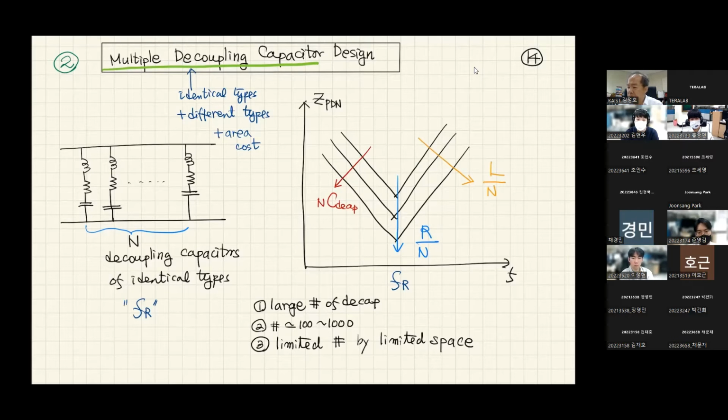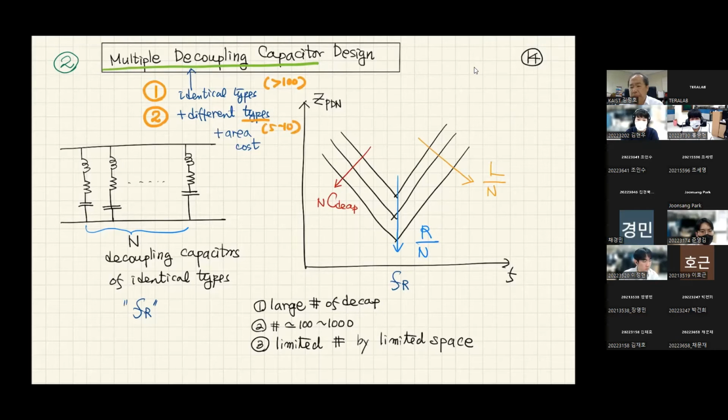Sometimes we use the same type of decoupling capacitors, and sometimes we put different types of capacitors. Probably we use more than 100 of the same type, and maybe 5 to 10 different types of decoupling capacitors.